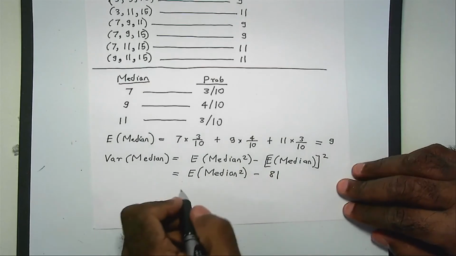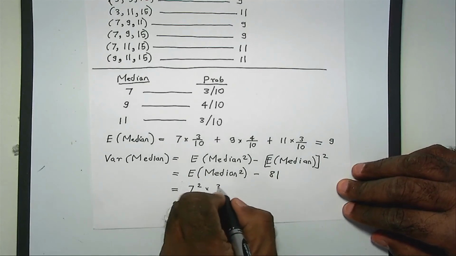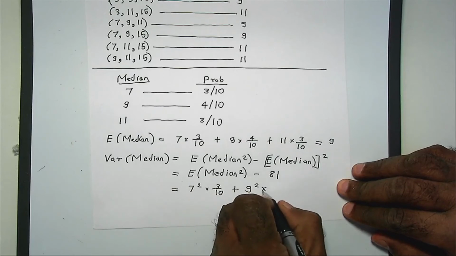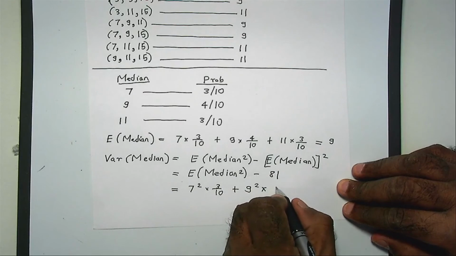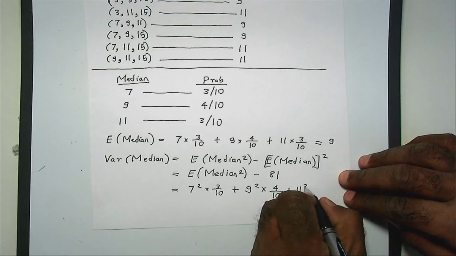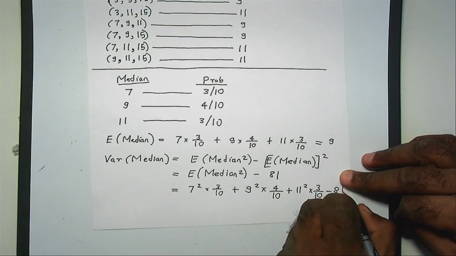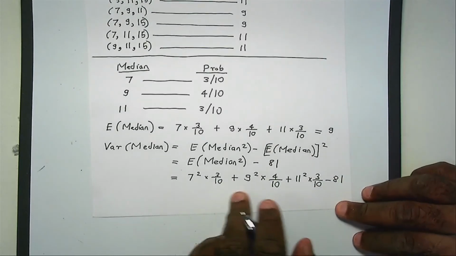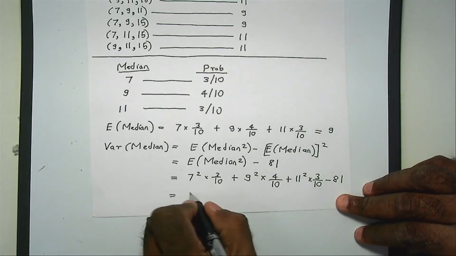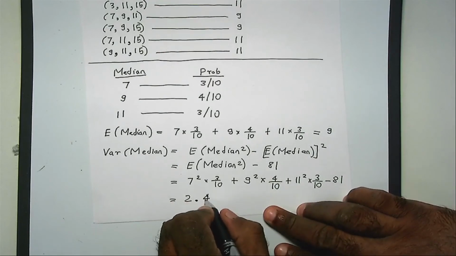Now to find this, you just simply say 7 squared times 3 over 10 plus 9 squared times 4 over 10 plus 11 squared times 3 over 10. Now if you do the math for this, you will get 2.4. So the answer for the variance is 2.4.